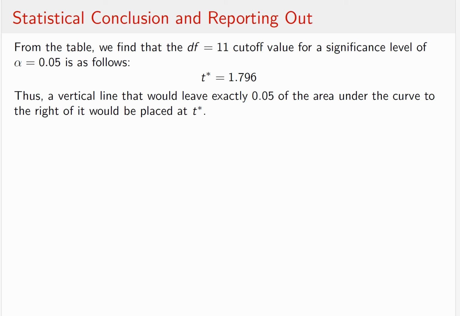So what do we do with that? Let's call that T star for the moment. Why? Because it's our cutoff value. Let me see if I can draw this. We have this bell shape, and we drew a line that would trap exactly 5% of the area under the curve to the right of the red vertical line we drew.